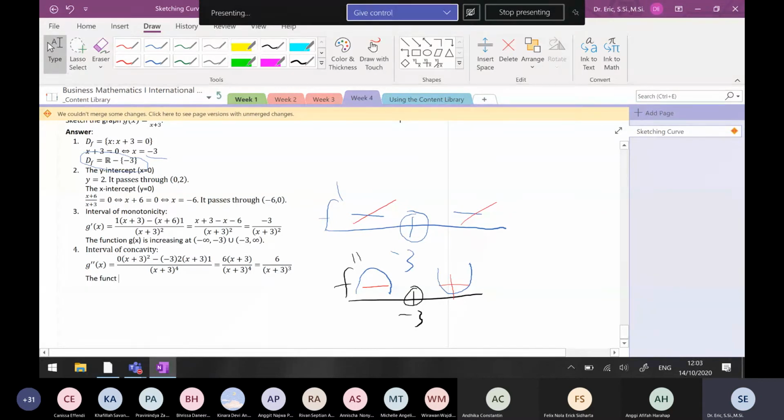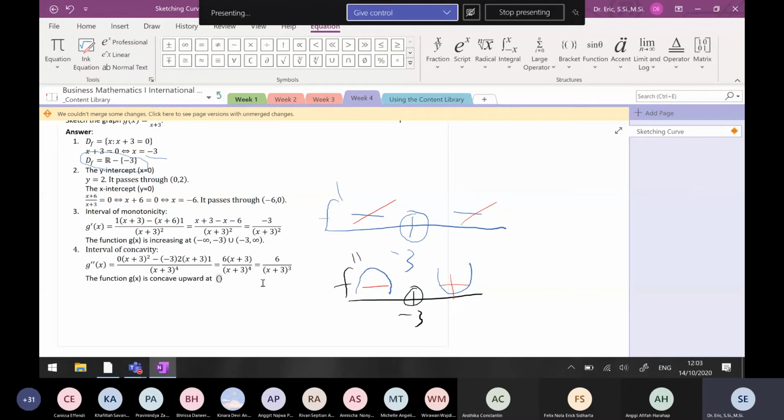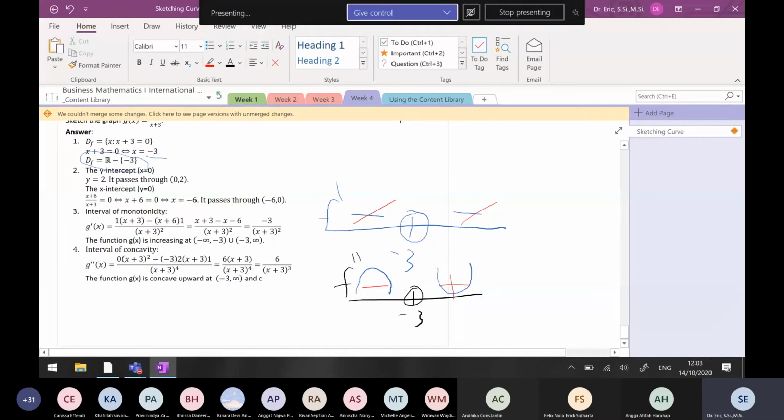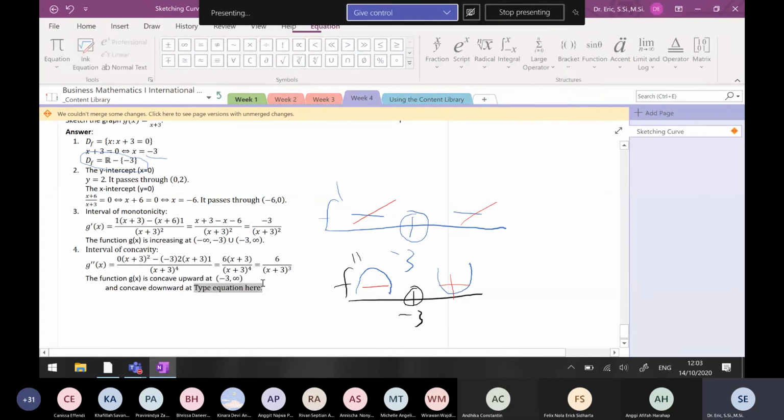The function g(x) is concave upward on (minus 3, infinity) and concave downward on (minus infinity, minus 3).